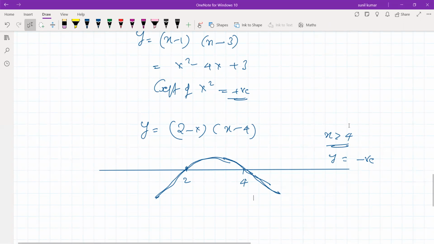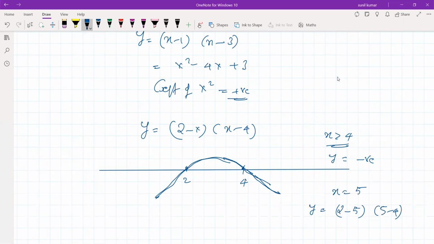Sir, x greater than 4, y should be positive, I suppose. If you put x greater than 4, because x equal to 5, then it will be negative. Yes, sir. So you can put this value: 2 minus 5 is negative, 5 minus 4 is positive, so negative is coming.